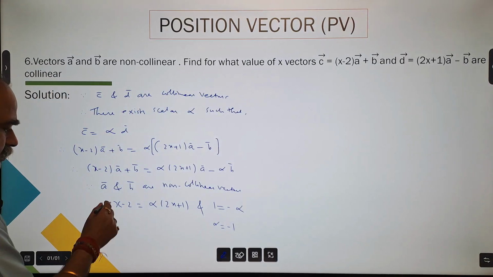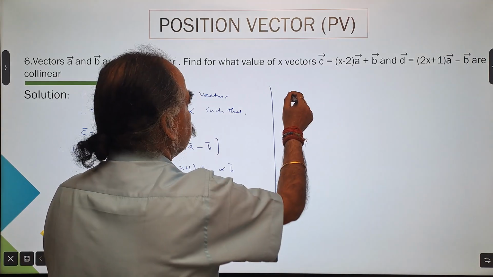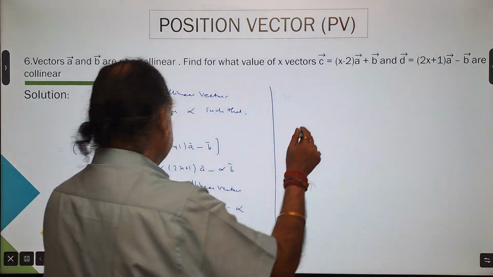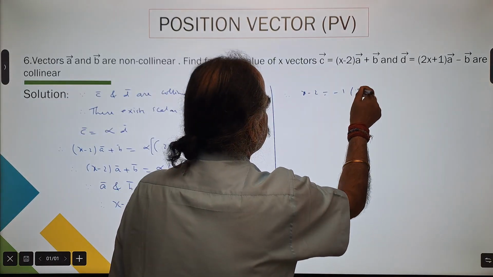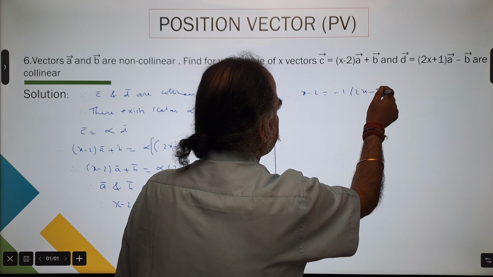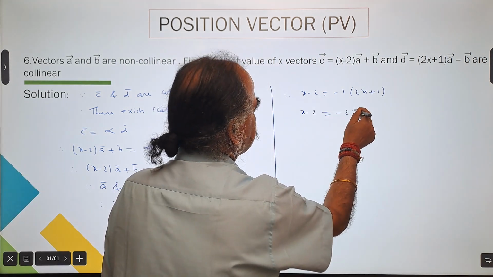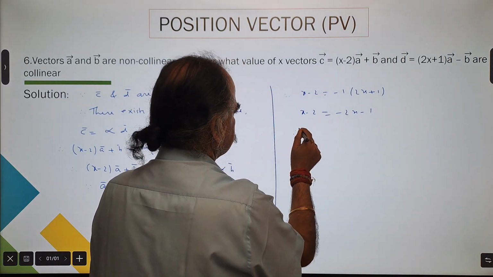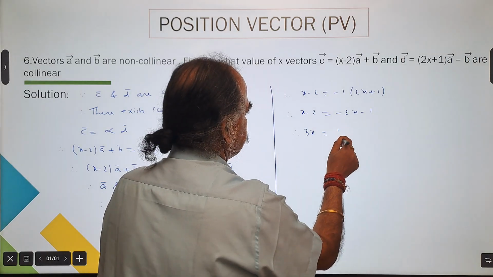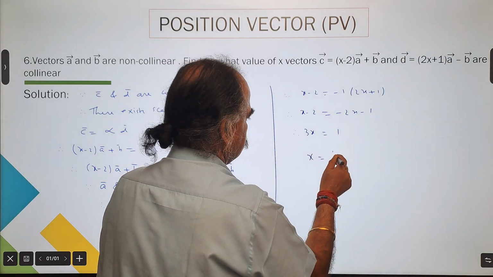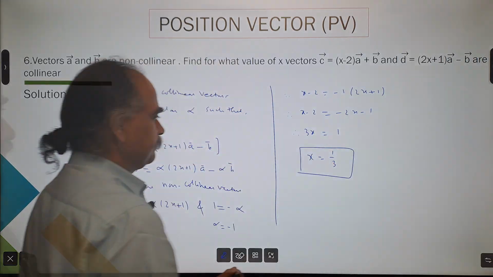Minus 1. Replace alpha with minus 1 here. Therefore, x minus 2 is what? Minus 1 into 2x plus 1. X minus 2 is what? Minus 2x minus 1. 3x is what? 1. X is 1 by 3.